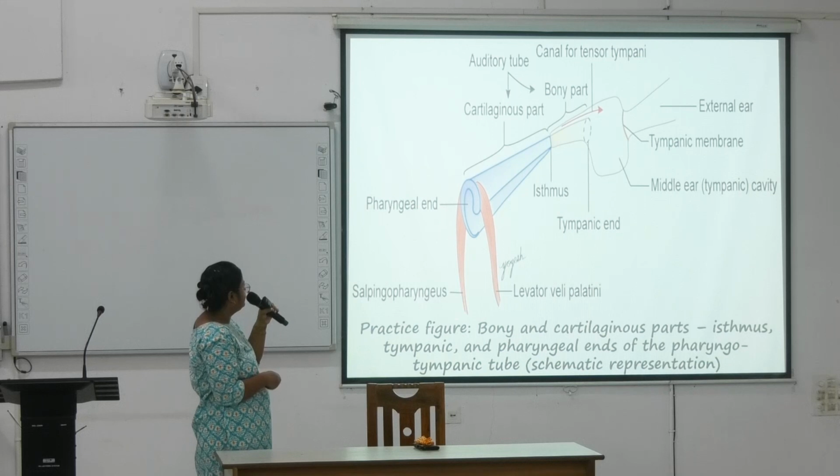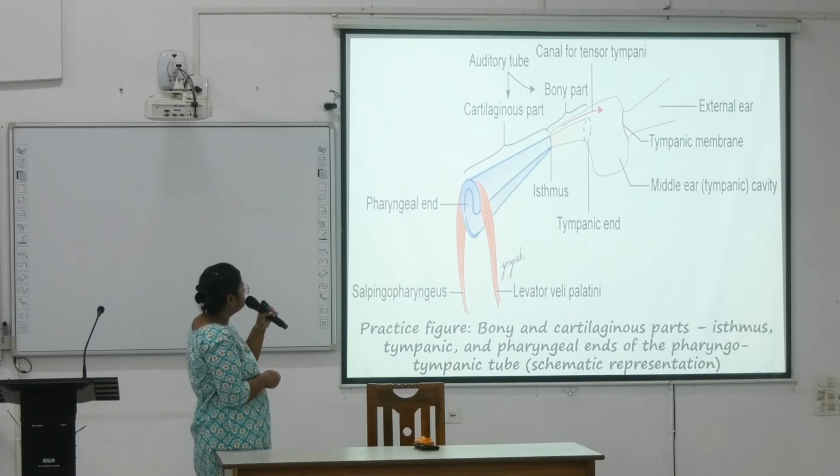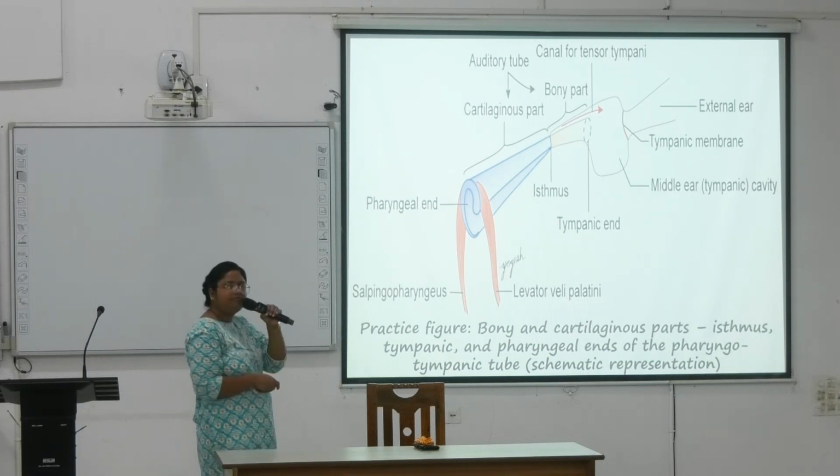Two muscles are attached over the cartilaginous part, levator veli palatini and salpingopharyngeus. Okay, here it is connected to middle ear, bony part, and above the bony part, here is canal for tensor tympani, and this is cartilaginous part.